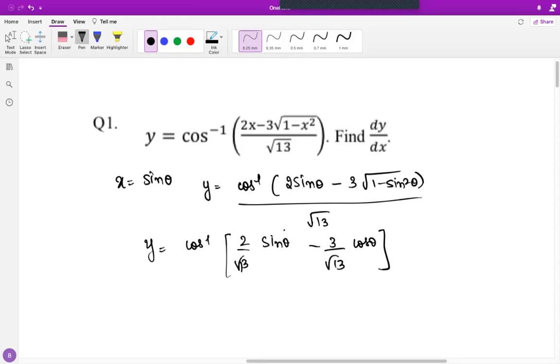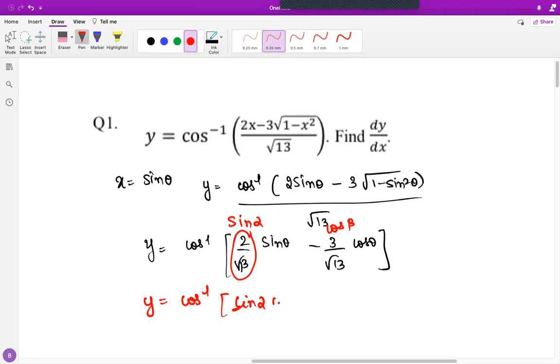Now you can take this as sine alpha. This is very important. Consider 2 by root 13 as sine alpha, and 3 by root 13 as cos alpha. Our format is cos inverse of sine alpha into sine theta minus cos alpha into cos theta.